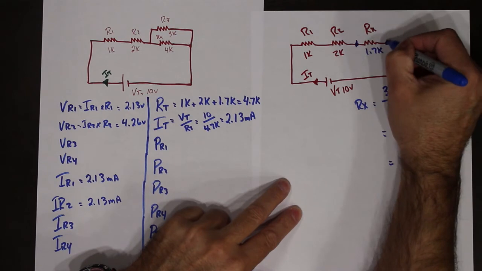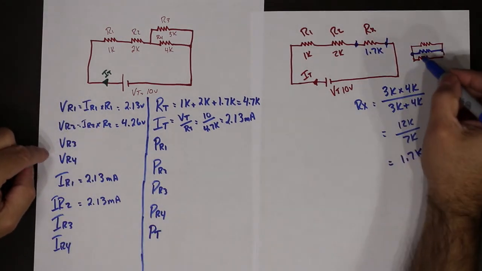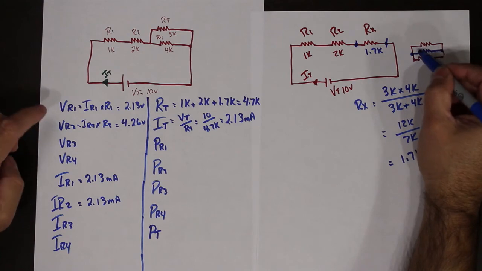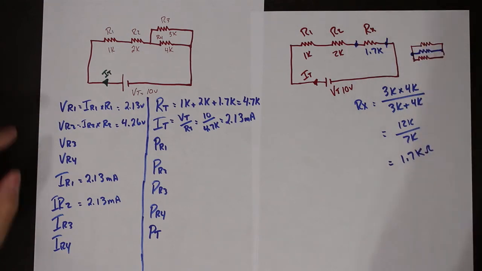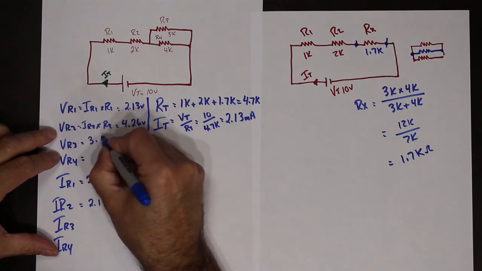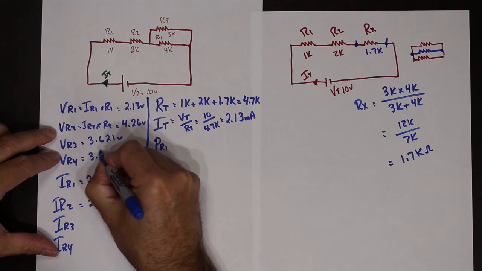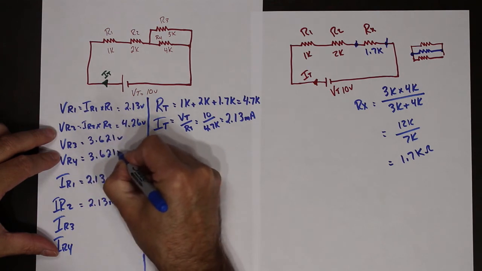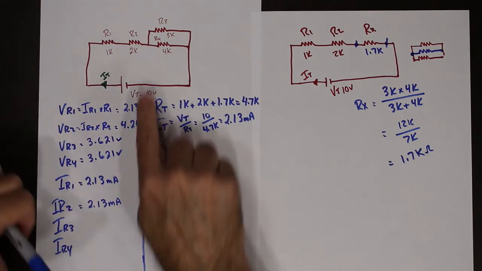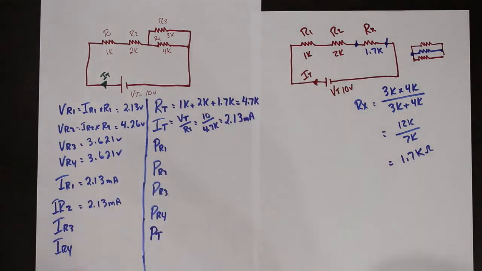So across here, 3.621. That is equivalent to these other two resistors. Therefore, the voltage drop across those two resistors is equal to whatever was across that 1.7K.